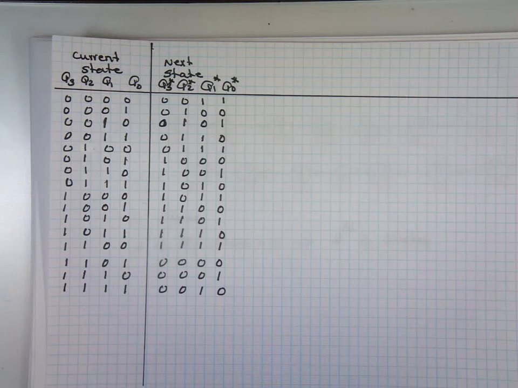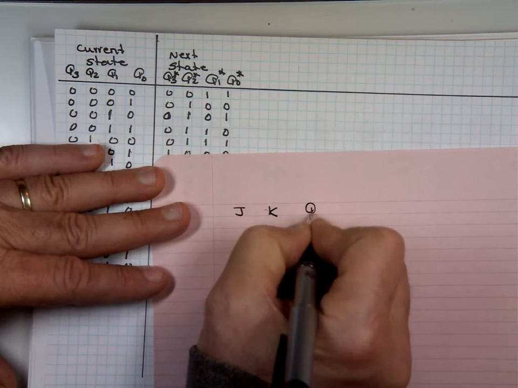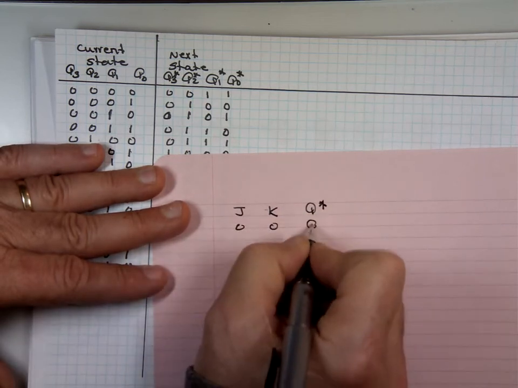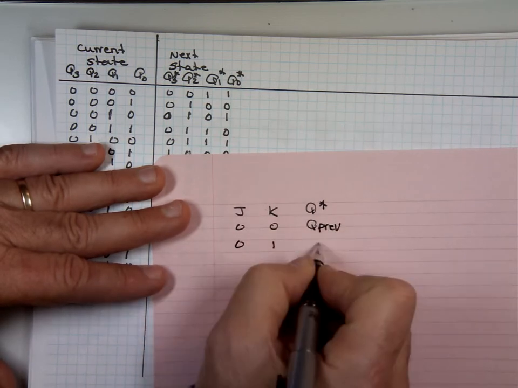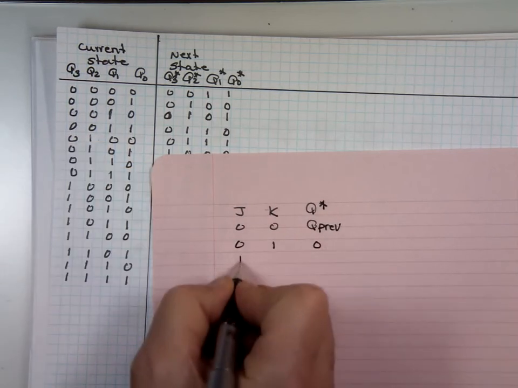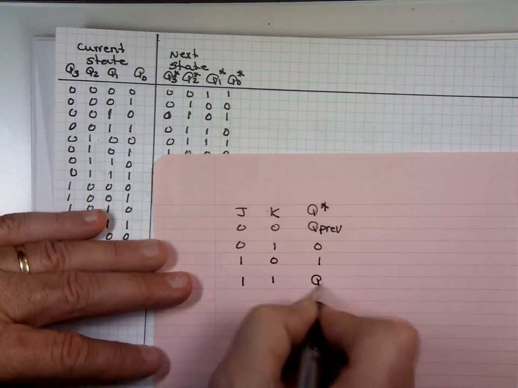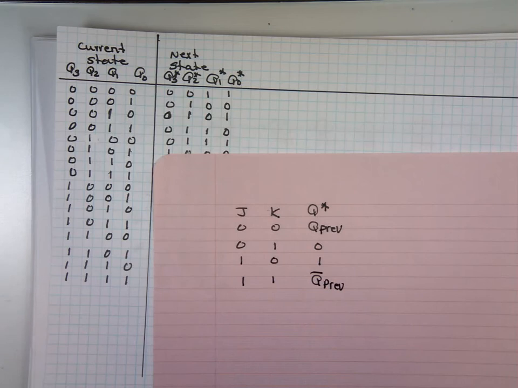I don't have one with me, but if you remember, there's the JK flip-flop. I'll just write it on this pink piece of paper. This is J, K, and Q next. If it's 0, 0, it's going to stay the same, Q previous, right? 0 to 1 is going to be what? 0. 1 to 0 is going to be 1. And 1 to 1 is going to be the previous one complemented. That's the JK flip-flop.